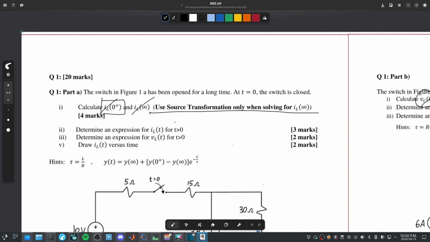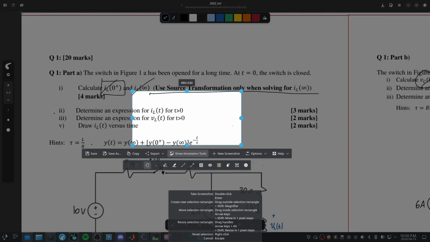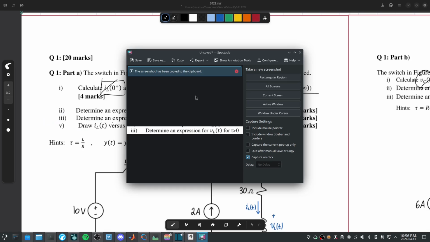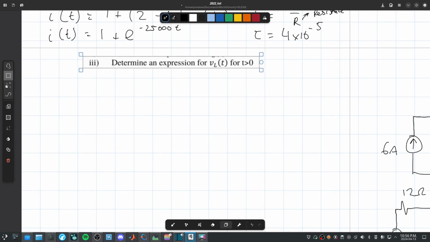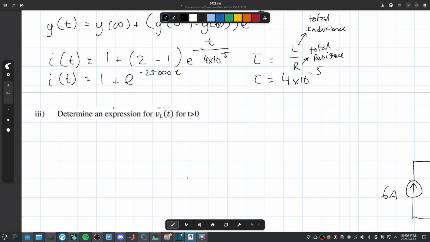The third question here is to determine an expression for VL for t greater than 0. Let's put that down here. The way that we solve this is that the voltage over the inductor over time is equal to the inductance times the derivative of the current.